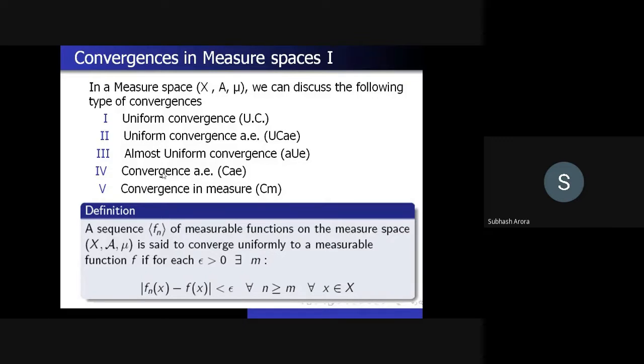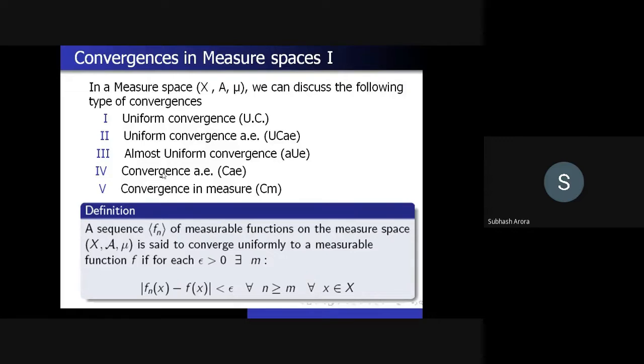Two implies three, converse not true. Three implies four, converse not true. Three implies five, converse not true. And four does not imply five, and five does not imply four. This is what I'll prove by giving you examples, counterexamples, etc.